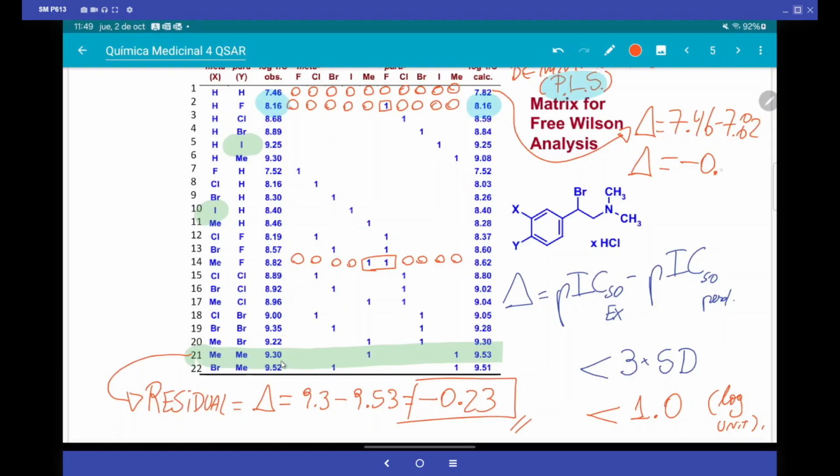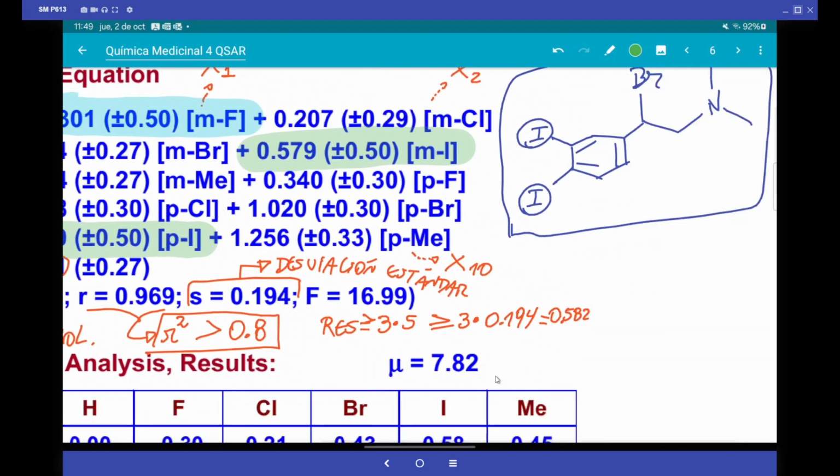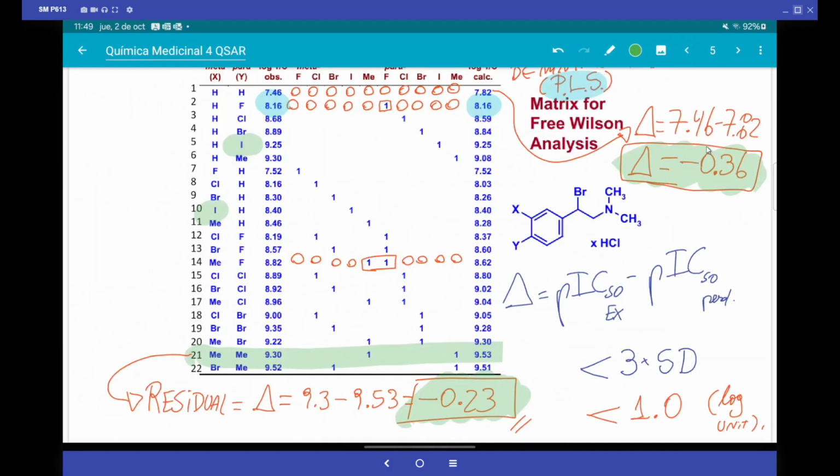We already have these two residual values, negative 0.36 and minus 0.23, and according to what we had calculated, the limit is 0.582. In both cases we are inside. That is to say, there are no outliers. There are no atypical values. We are within the margin. All the predictions are good.